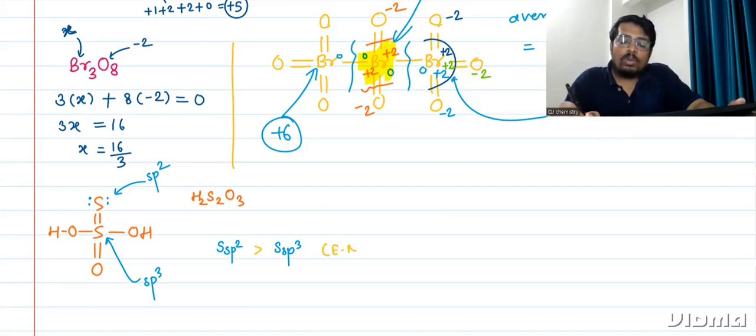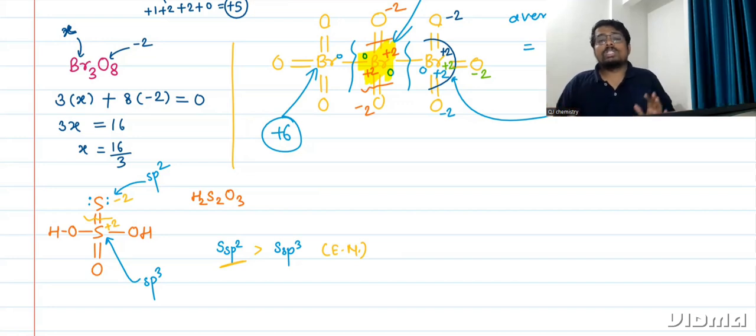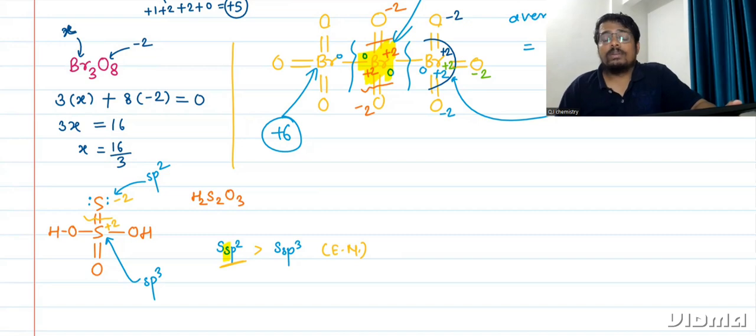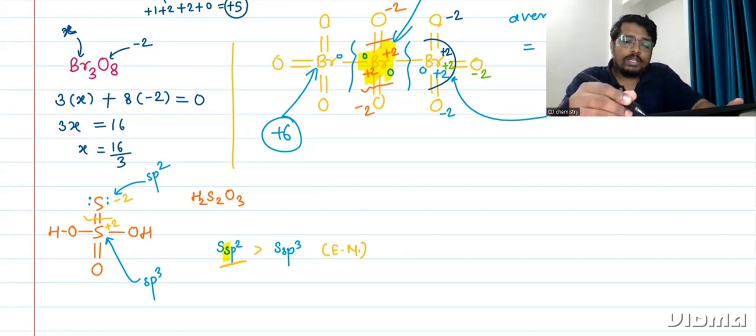So because of this higher electronegativity, when we dissociate this bond, assign minus 2 charge to the terminal sulfur and plus 2 charge to the central sulfur atom, because sp2 hybridized sulfur is more electronegative due to a higher percentage of s character. The percentage of s character is higher in the terminal sulfur in comparison with the central sulfur atom. So assign minus 2 charge to the terminal sulfur atom.